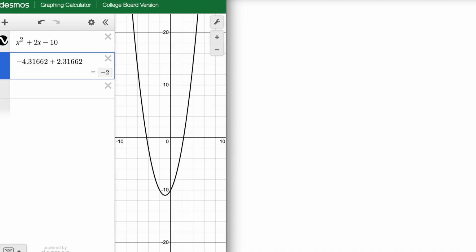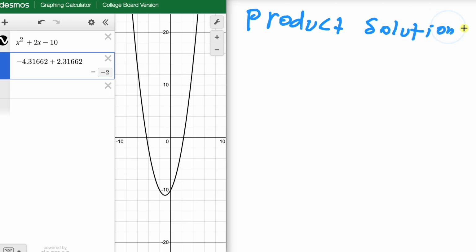The next thing is the product of solutions. The product of solutions is just like it sounds: the solutions multiplied together. So in this scenario, we would do this times this, which is -0.9999.